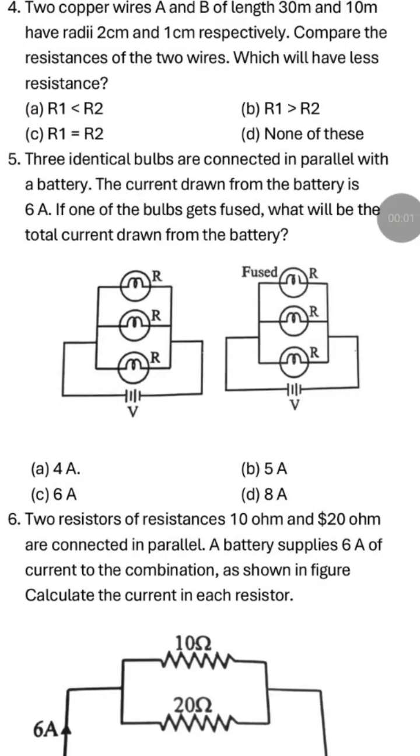In question number 6, 6 ampere of current is being divided into 2 parts. One of them is going through 10 ohm and the other part is going to 20 ohm, and we know that I is inversely proportional to R. Therefore 10 ohm will receive 4 ampere of current and 20 ohm will receive 2 ampere of current.